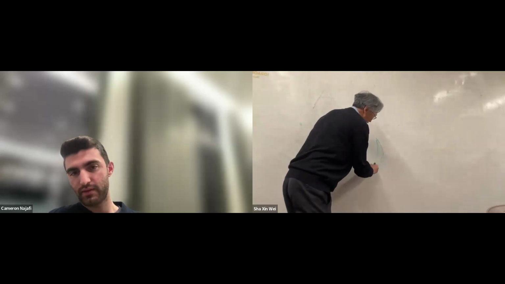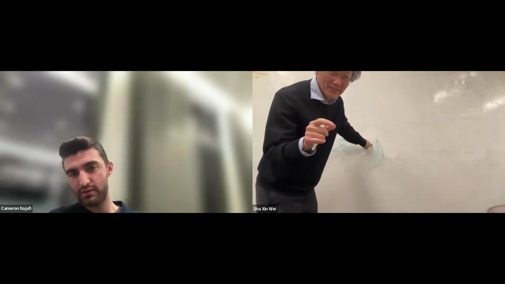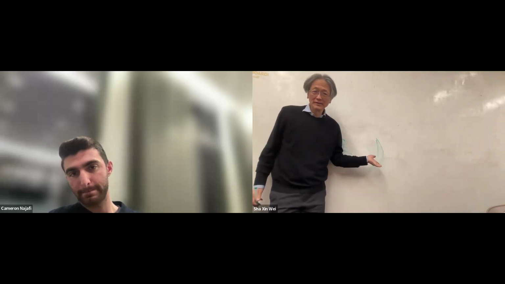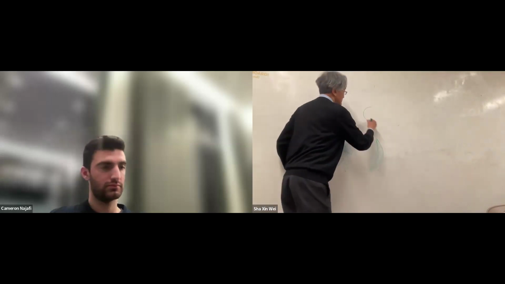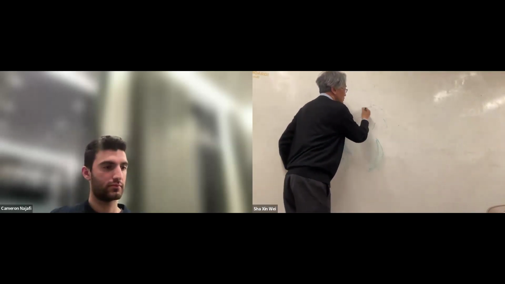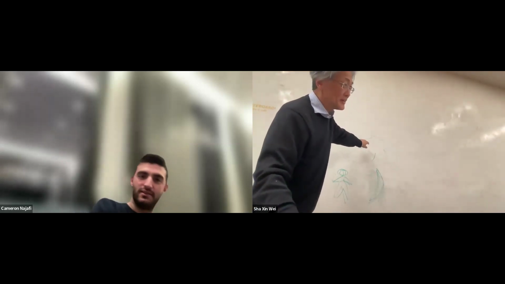I'm going to try to draw a crescent for the moon. So we could make a representation of the moon this way, or we could make a round circle represent the sun. I just drew a big circle with rays coming out of it. Since it's so faint, you probably can't see it.